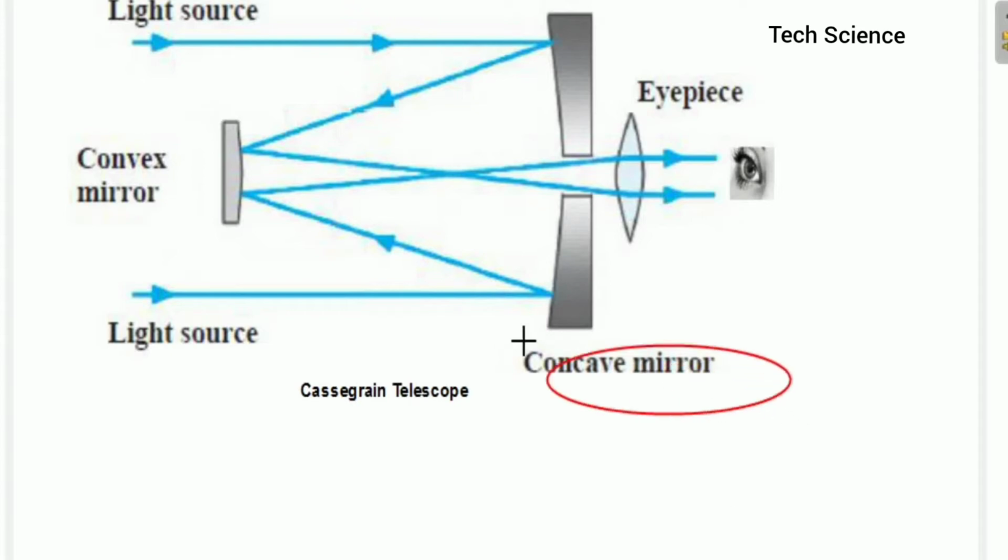First is the objective, which is a concave mirror. It is the main thing, and the light coming from the heavenly object falls on the concave mirror.